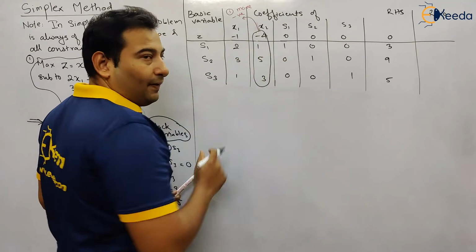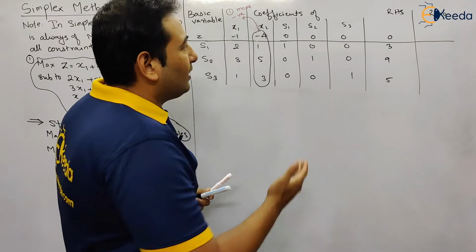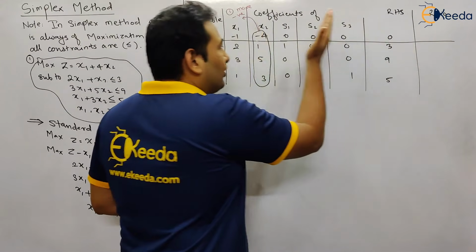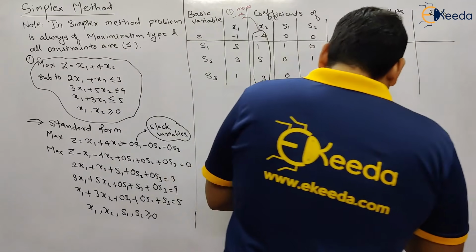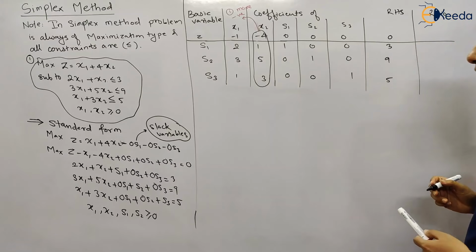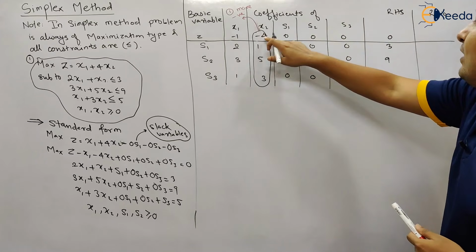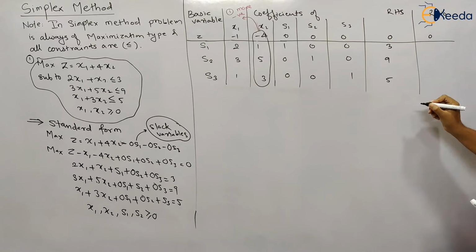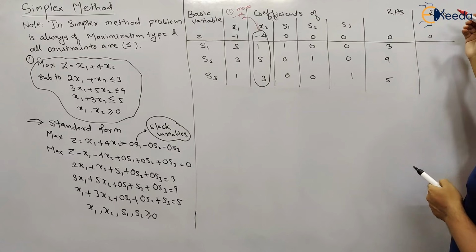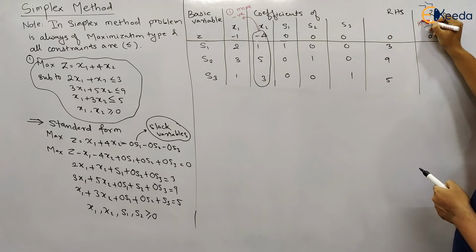So this is your key column. Next, what next? Now you're going to divide RHS by the key column. If you divide RHS by the key column, here the RHS is 0, and 0 divided by anything is 0, so the ratio is 0. Your step number 2 is RHS upon key column.